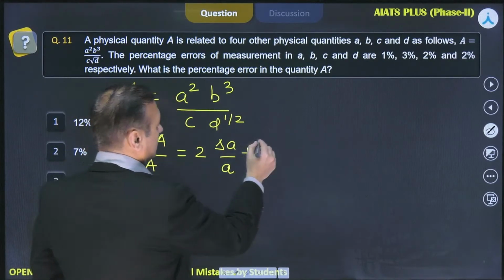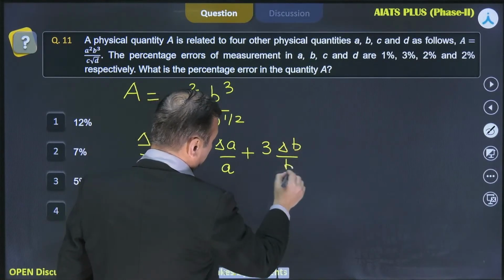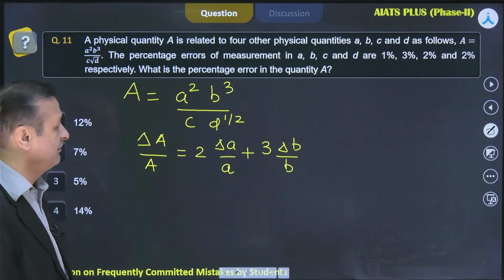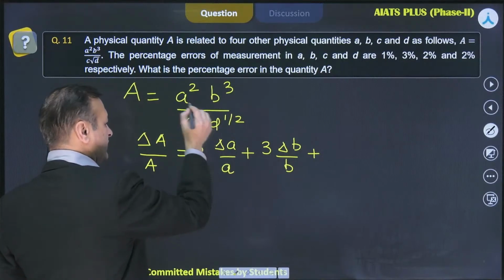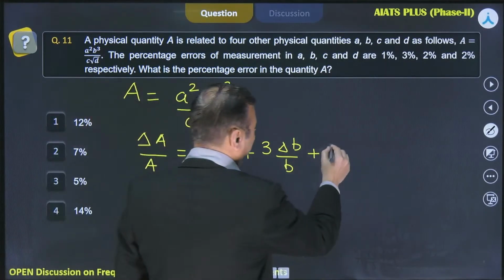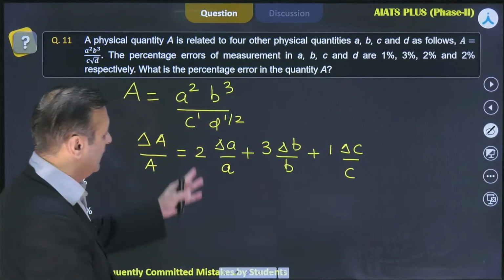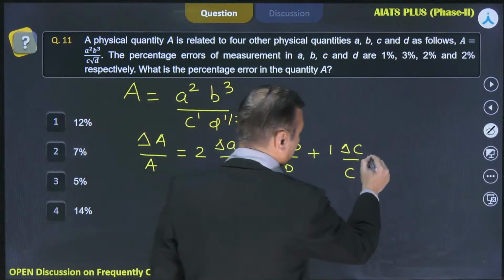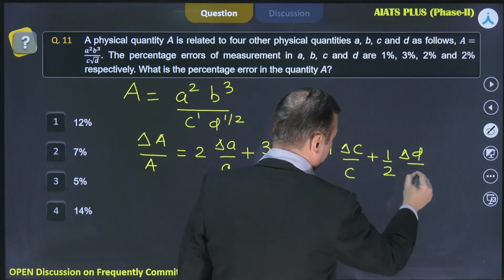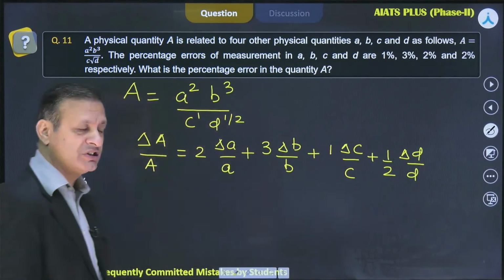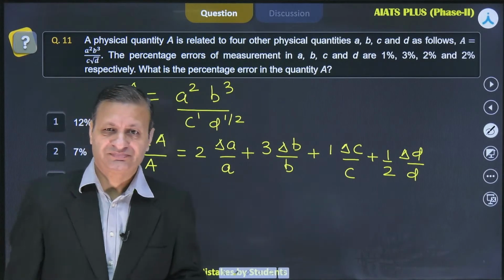Second, look at the power of b, that is 3 times delta b by b. What is the power of c? Power of c is 1, so that would be 1 times delta c by c. And look at the power of d, that is half times delta d by d. So this is the standardized formula for your relative error.